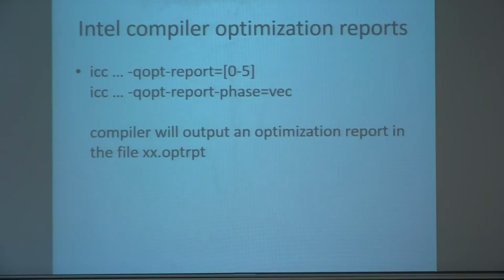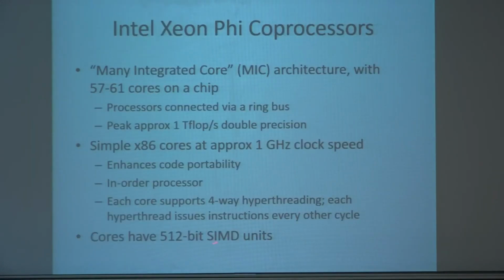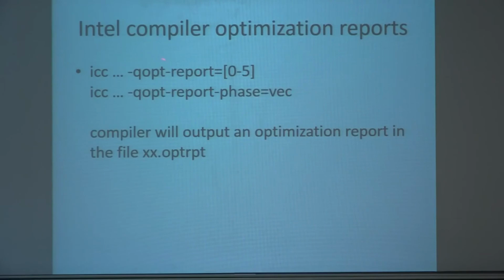All right. Because we have these really wide SIMD units, codes that run on these processors really have to use these things efficiently. There are ways of using Intel compilers to tell you how efficiently you're using vectorization.